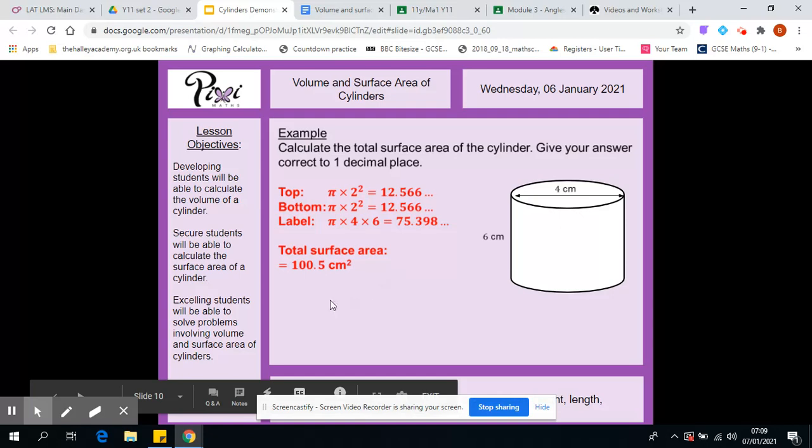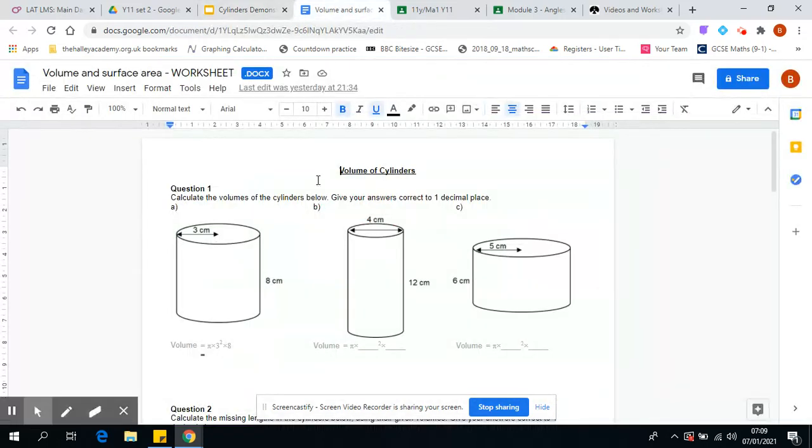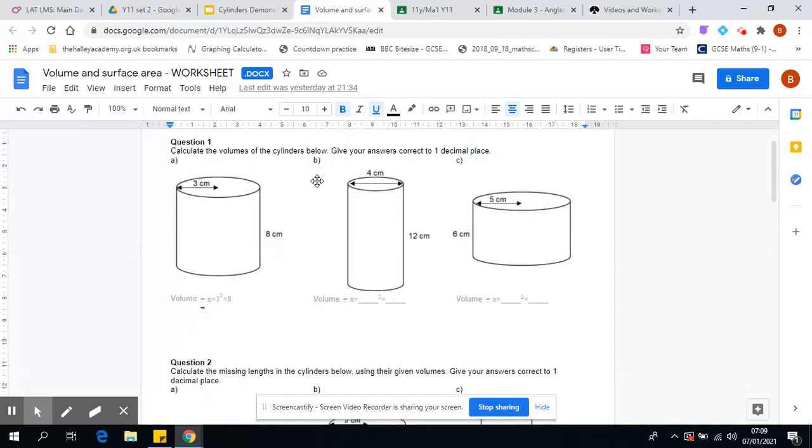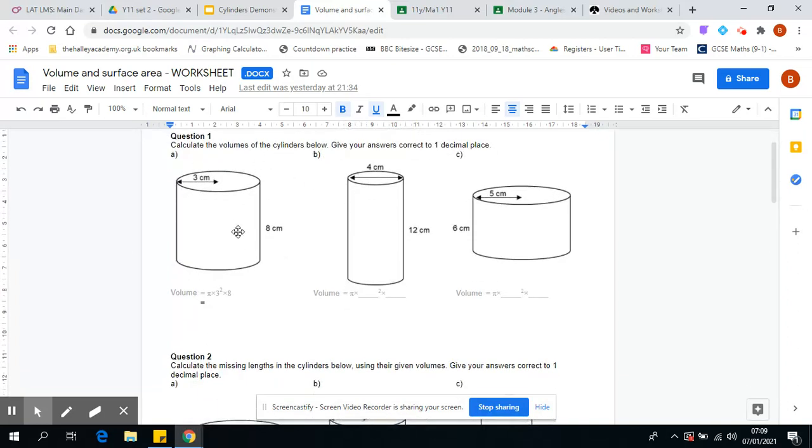Referring to these examples, please click on the worksheet. Find out the volume of the cylinders and make sure you give your answers to 1 decimal place. Ensure you type in the answer and provide the correct working out.